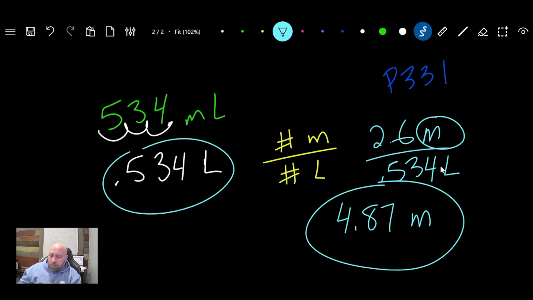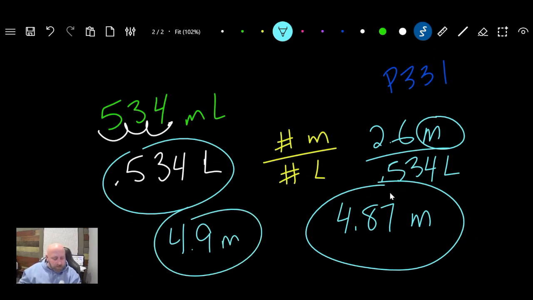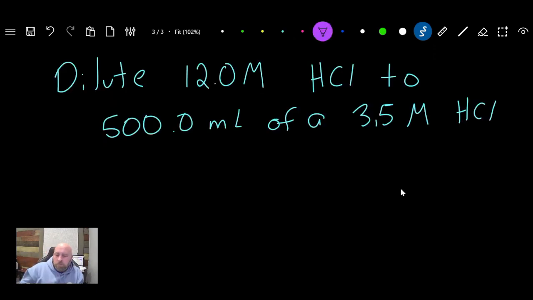I would probably put that in 3 digits because it gave us 3 here, but the book gives it to you in 2, so we'll go with 4.9. That's a pretty easy question right there. So you just have to convert and then divide. Bingo, you're done.